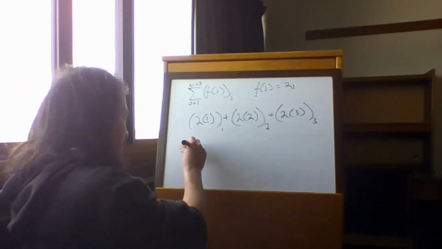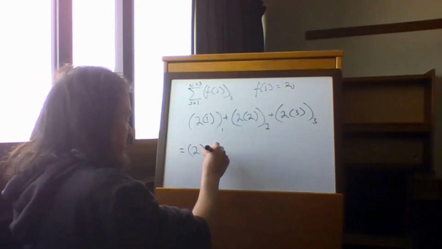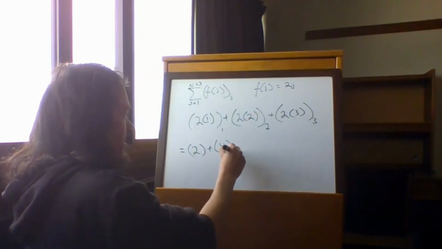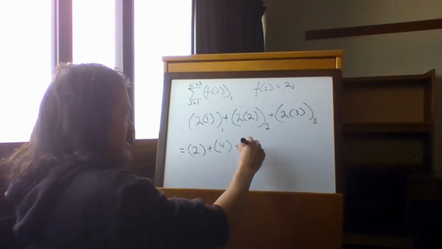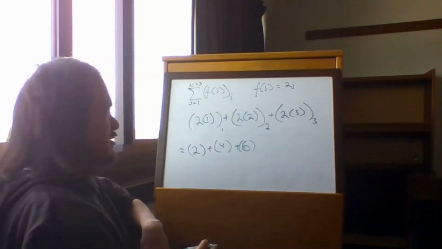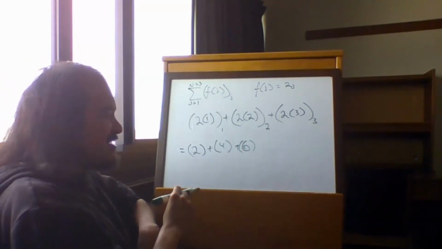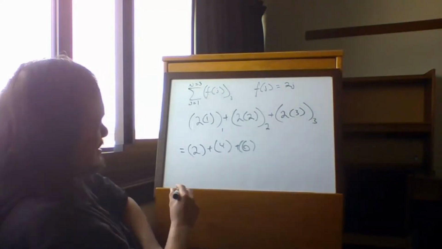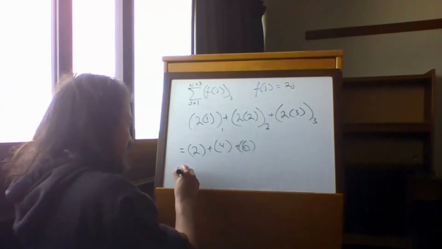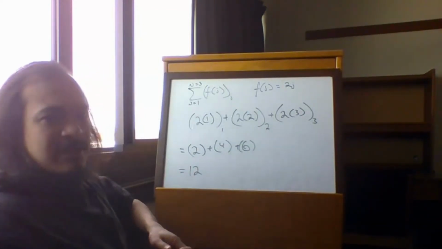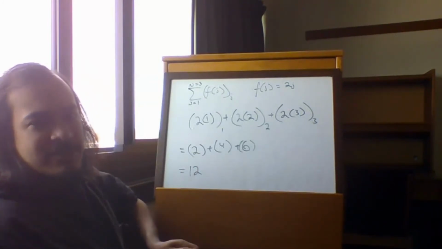So the first one we have 2, so we have just 2 plus 4 plus 6. Eesh, that 6 is hurting. And that's easily 12. So the whole thing is just equal to 12.